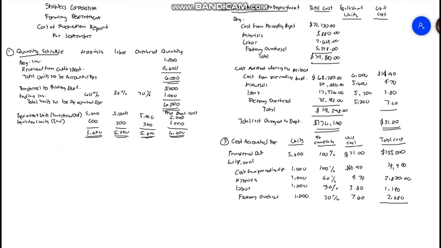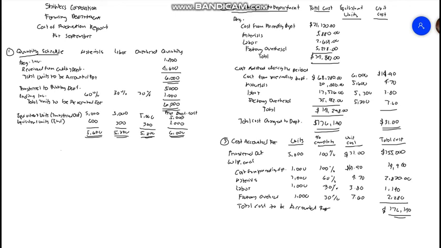So that's 2,280. So the total of the four is 176,140. This is our total cost to be accounted for.